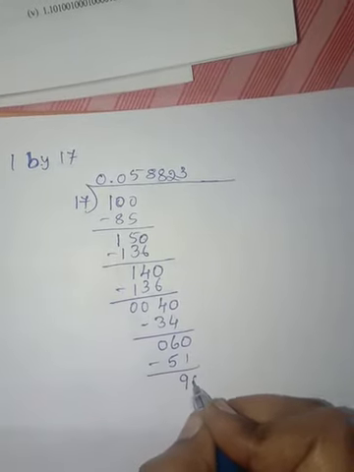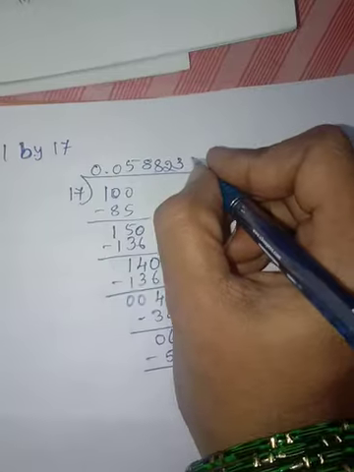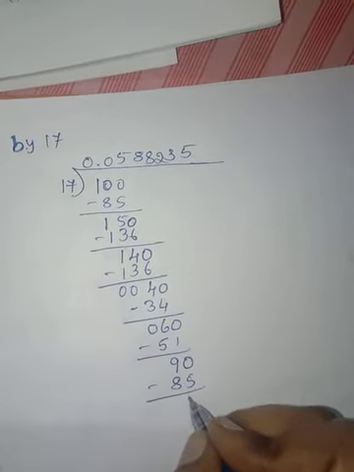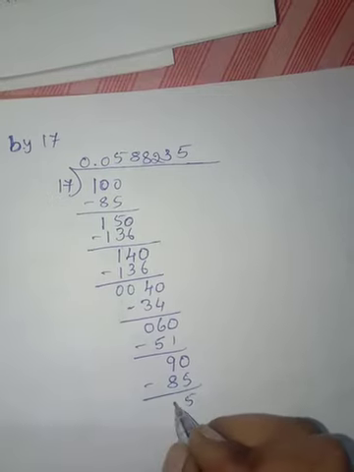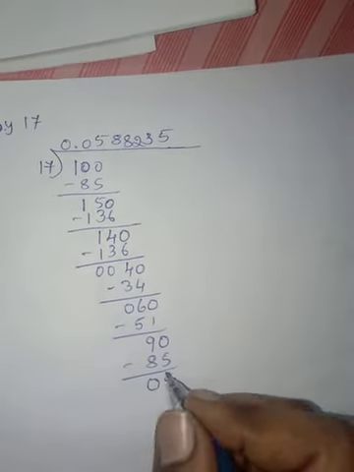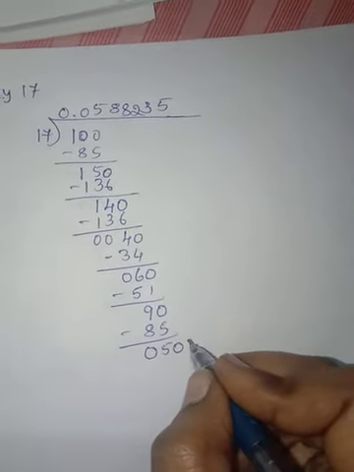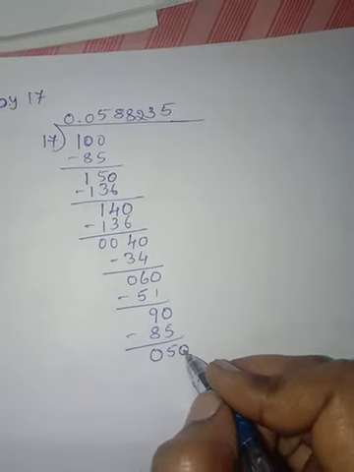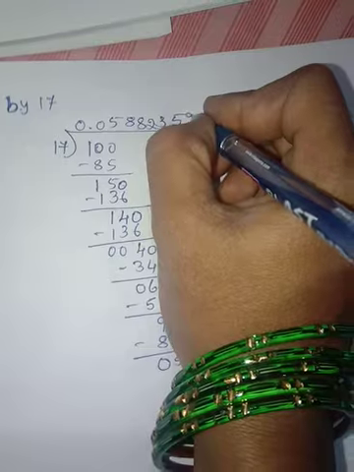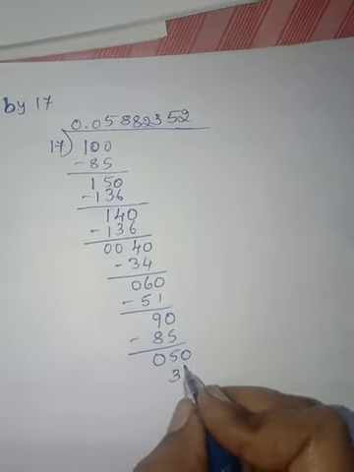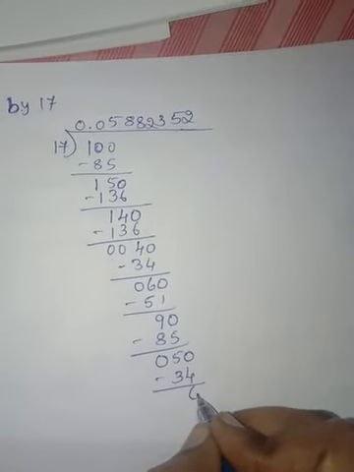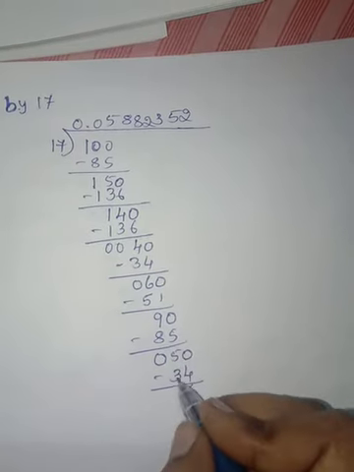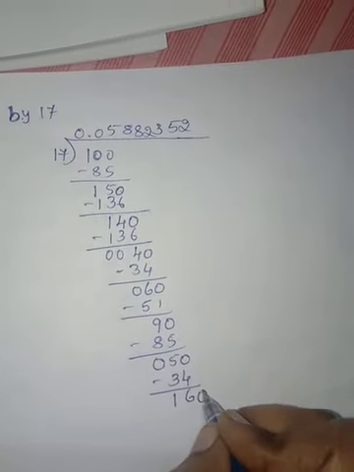I will take again 0. 17 fives are 85. Then 10 minus 5 is 5, 8 minus 8 is 0. I will take the 0 also. Again we have 50. 17 twos are 34. 10 minus 4 is 6, 4 minus 3 is 1. I will take 0.